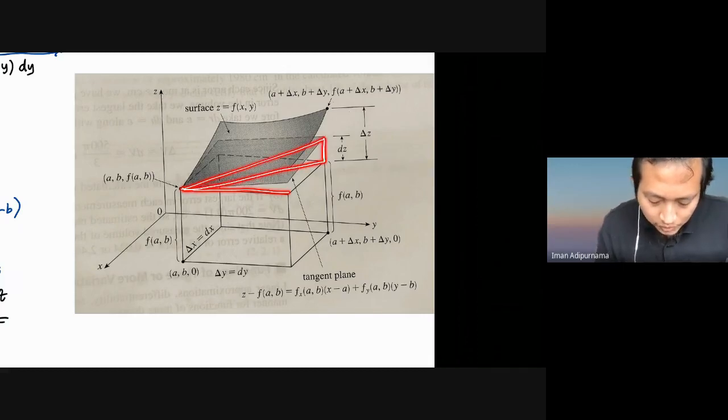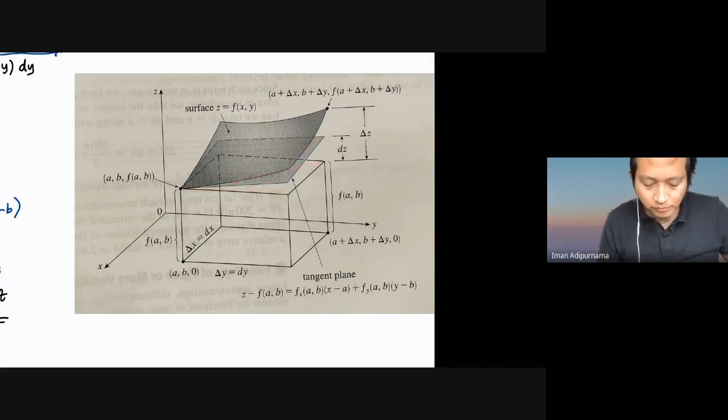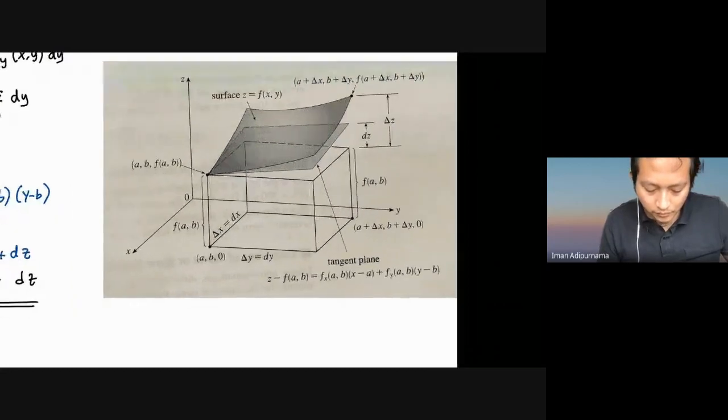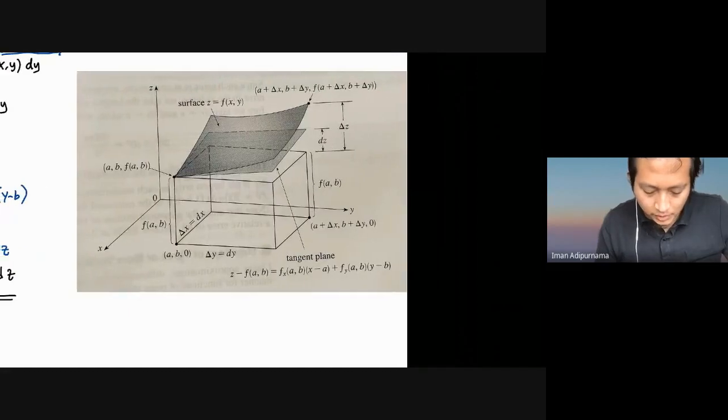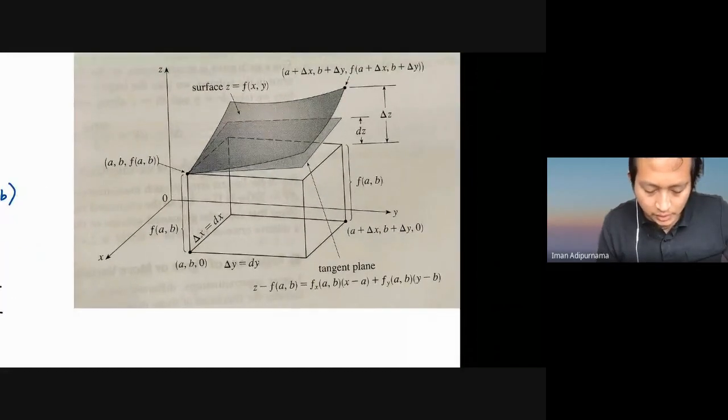So this will be the dz. And all the delta x and delta y will approach dx, where we consider small values.